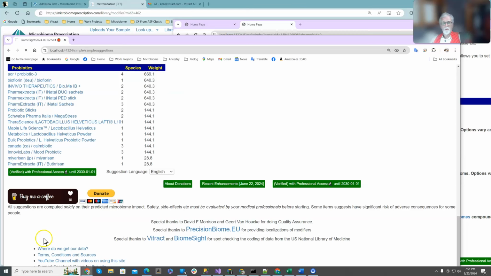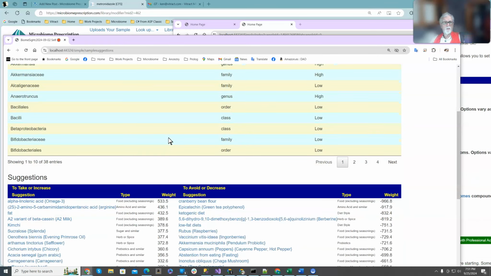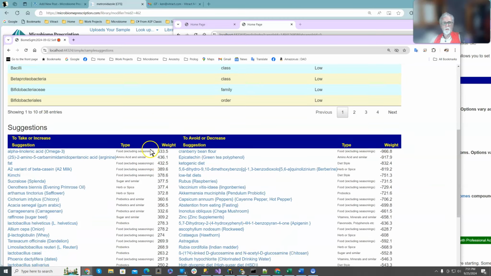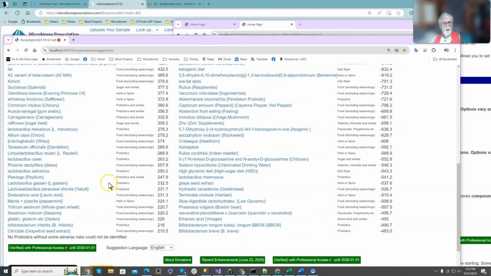Notice that I excluded the antibiotics from the novice, because if you're doing novice, you don't want to go there. We have 38 entries here, and we've noticed we have some similarity: gum arabic, chicory, omega-3, etc.